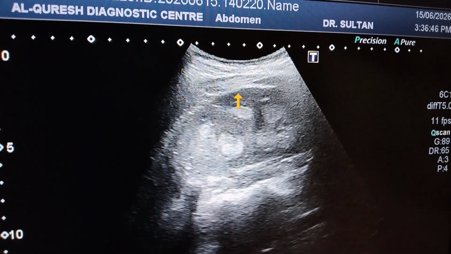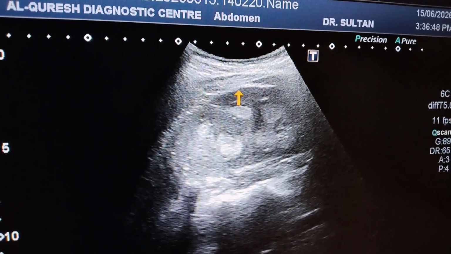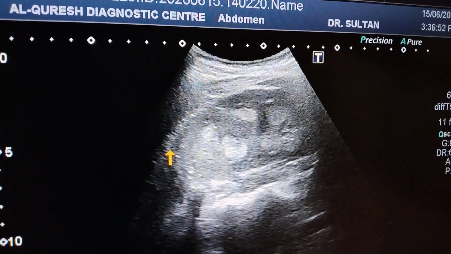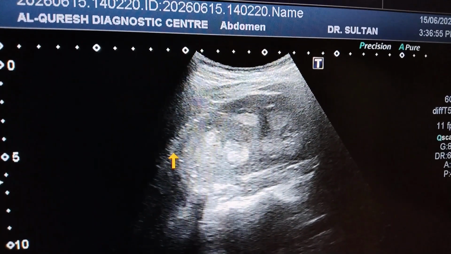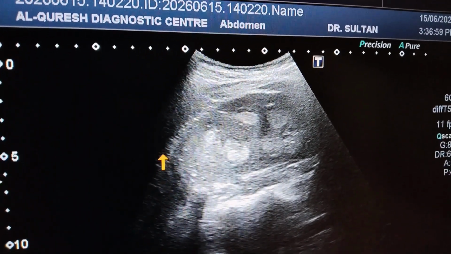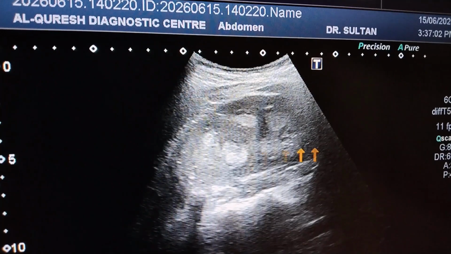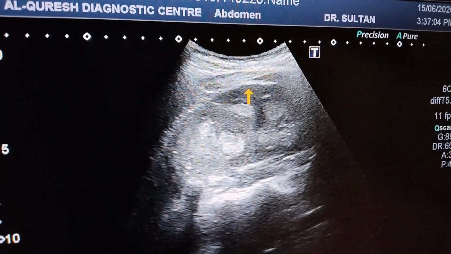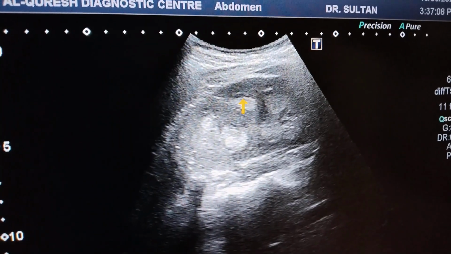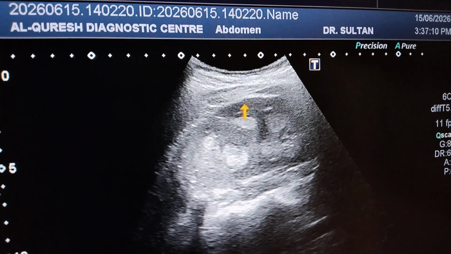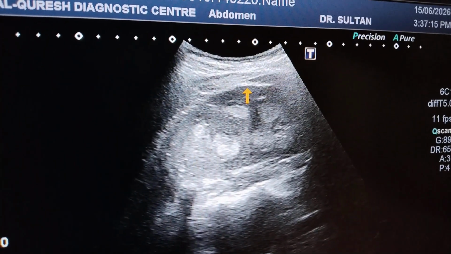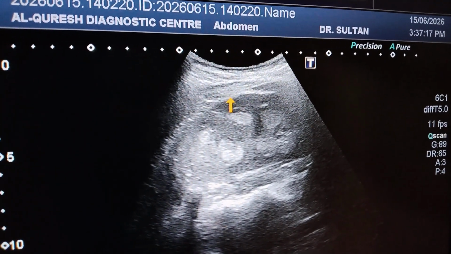We cannot say it pole, it is a region between the two poles. Only two poles are present radiologically, sonographically in the kidney. One is the upper pole here, and this is the lower pole. And in between, to be very easy for the reporting, we use this term mid-polar region or interpolar region.